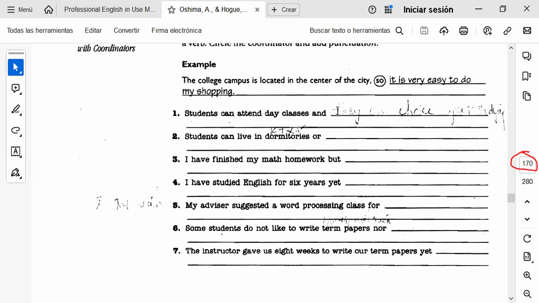Similar idea, okay? Or they can play football or whatever, in the night, something like that.